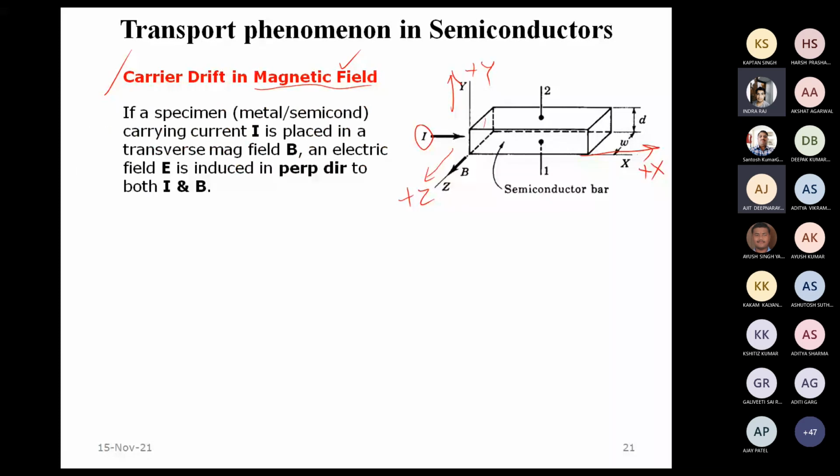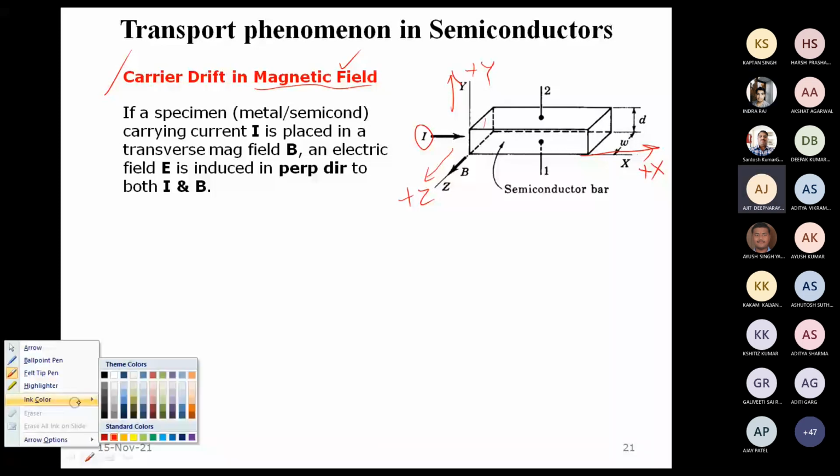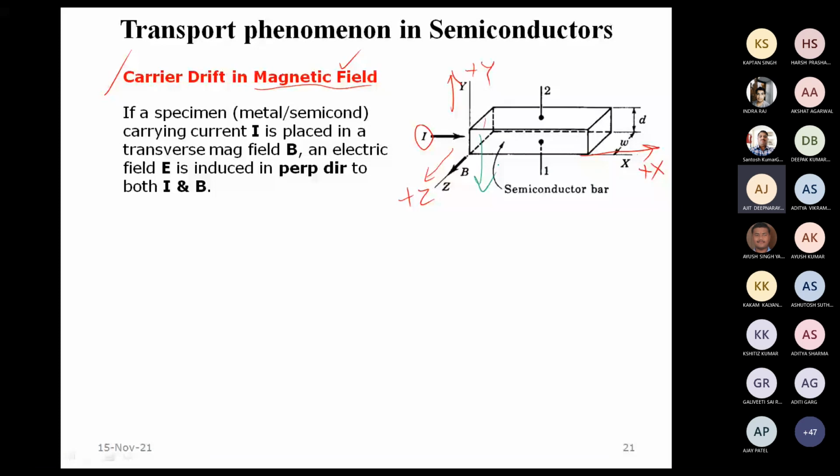The negative Y direction is downward here. So the carriers, either electrons or holes, are going to see a force in this direction.